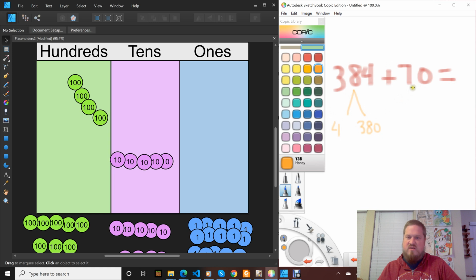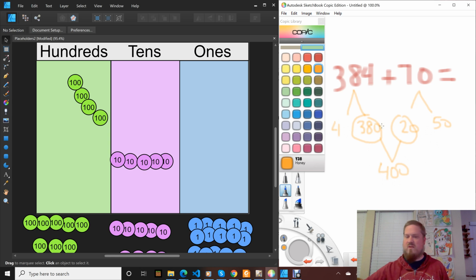And we can break down the 70 just like we did in the last problem to make it easy: 20 and 50. These two can get added up to 400. And then we can see it's 454. Because you add these together, 450, and then you add the 4, and it's 454.